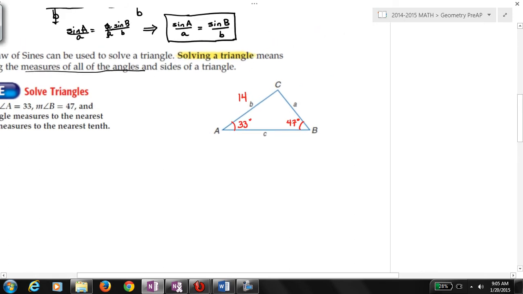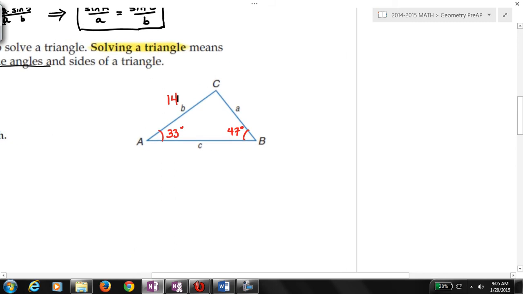Now, without using law of sines, I can figure out this angle C by remembering that the sum of the angles in a triangle equals 180 degrees. What I'm going to do is say 180 minus the sum of these two angles.